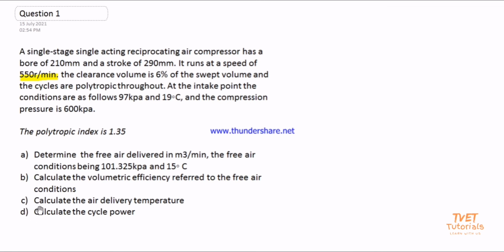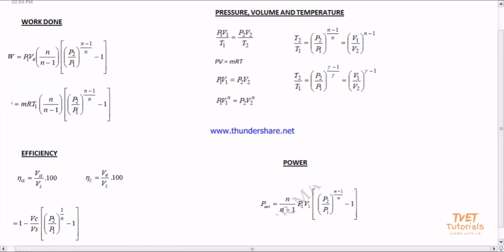Number C says calculate the air delivery temperature. So here we are looking for the air delivery temperature. To solve this question, we are going to have to select a suitable formula first. So we go to our formulas and look at it.